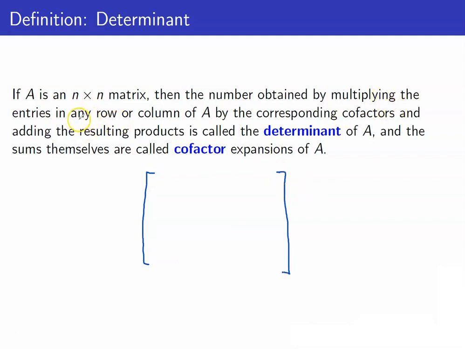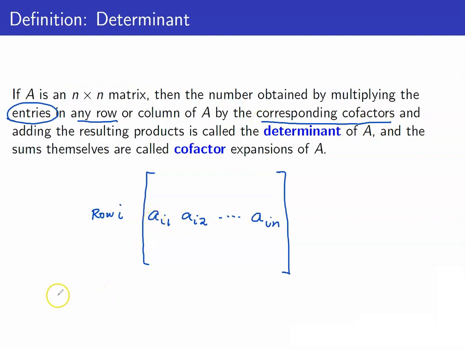First, it's saying that you get any row or any column. Let's just say that I will choose row i. What are the entries in row i? Those are Ai1, Ai2, and so on up to Ain. You multiply these entries by the corresponding cofactors.